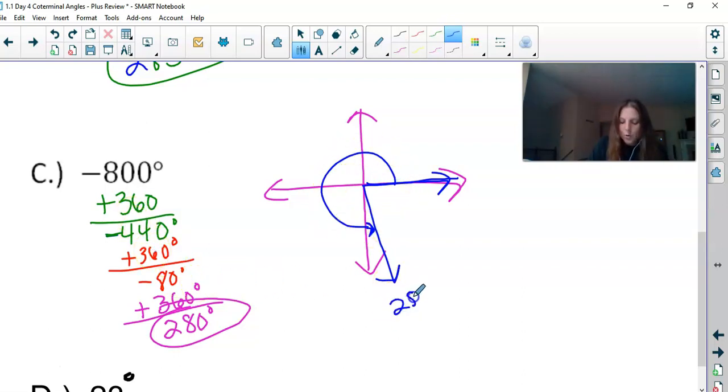Also, just so you're aware, if you rotate around another 360 degrees, this is also known as negative 440. And if you rotate again, it would also be known as negative 800. So these are all the same angle. It's just a different way to name it. And their names are based on how many rotations. So 280 is what we're looking for. One left to go.